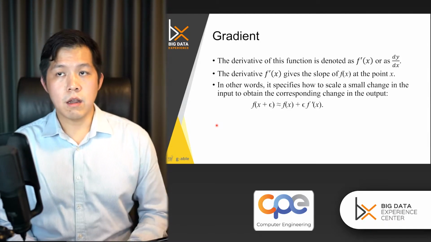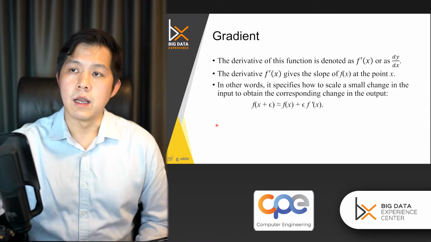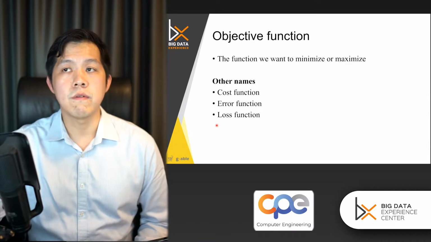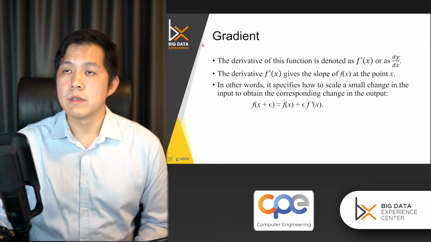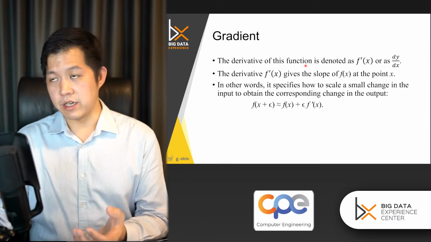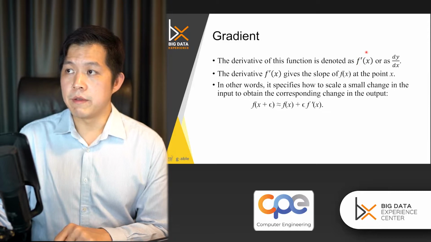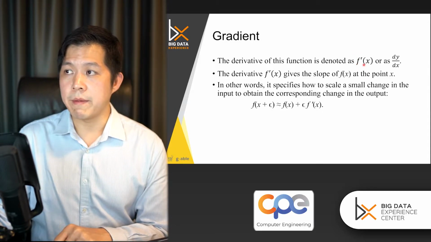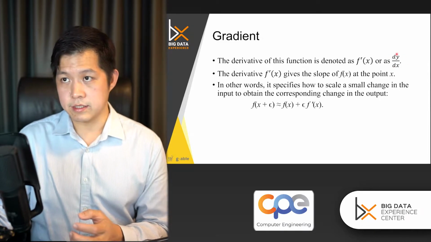So before we begin with how to find the best value for the objective function, let's define this value, the gradient. The gradient is the derivative of a function. If we have a function f(x), whatever that function is, we can perform derivative by computing f prime x. This f prime x is denoted as dy by dx.